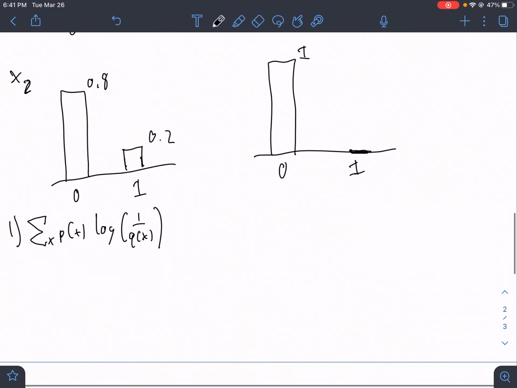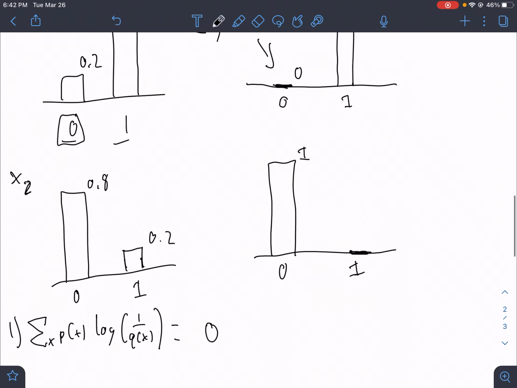So this is equivalent to, for every x, so let's have x equal to 0. X is a weird term to use here, but for x1 there are two possibilities, 0 and 1. For the possibility of 0, we have the ground truth of that, so we have a 0 here.